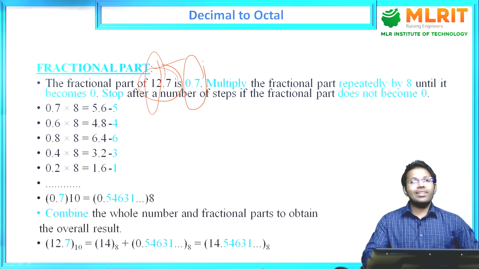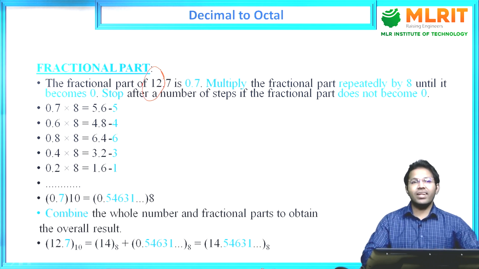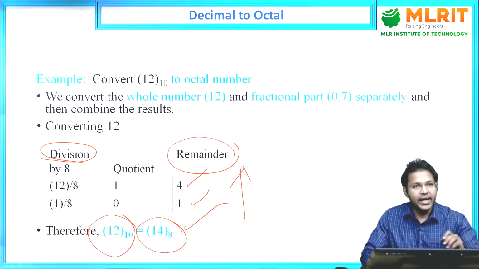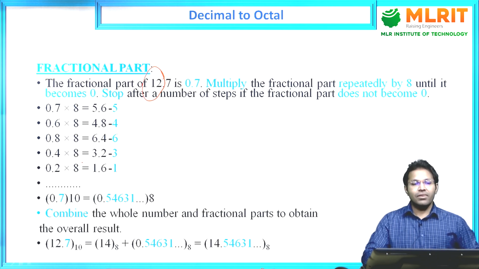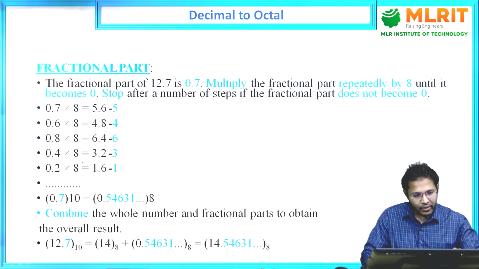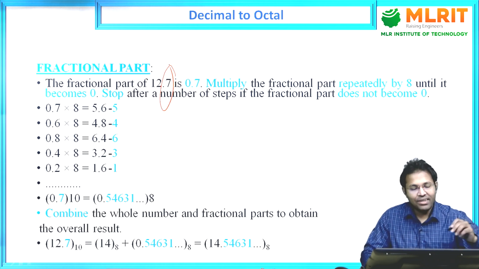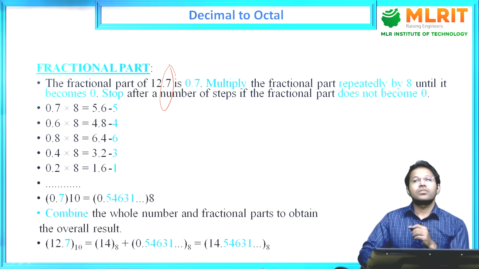For the non-fractional part, which is 12, we continuously divided by 8. So logically, for the fractional part we have to consider multiplication by 8. We are going to continuously multiply by 8.